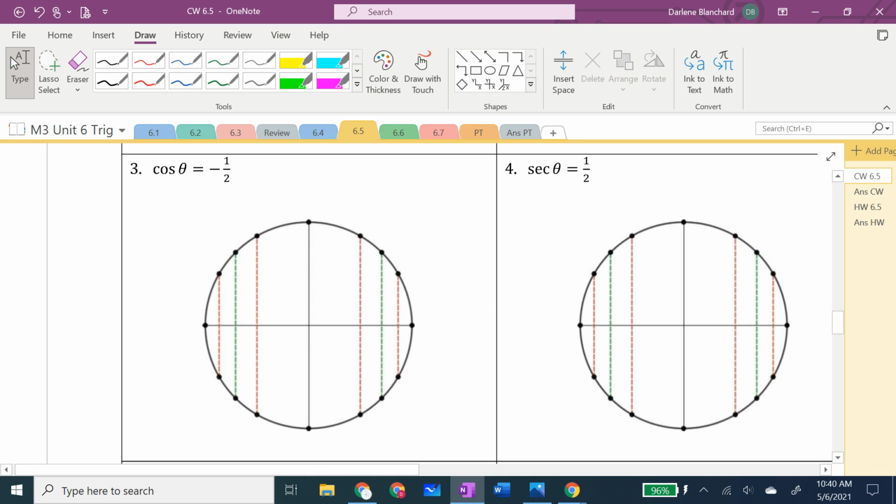Now, let's refocus. Does cosine represent x or does it represent y? When you have an xy ordered pair, x comes before y in the alphabet. C comes before S in the alphabet. X represents cosine.